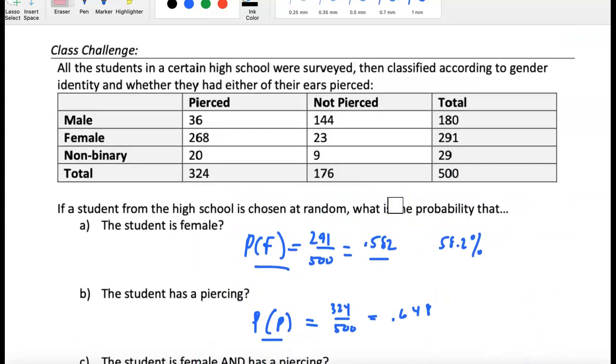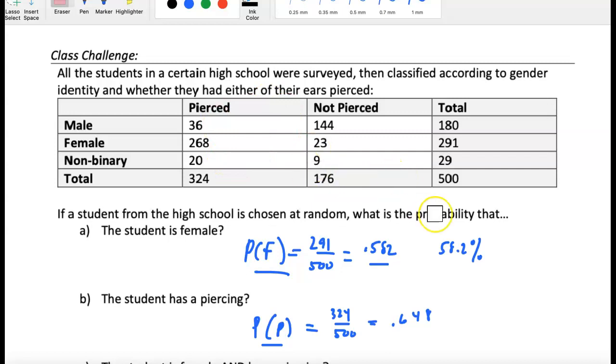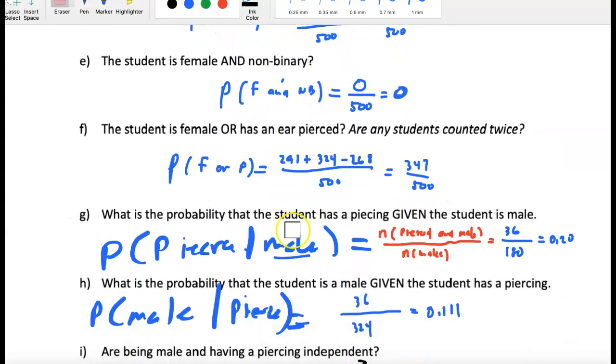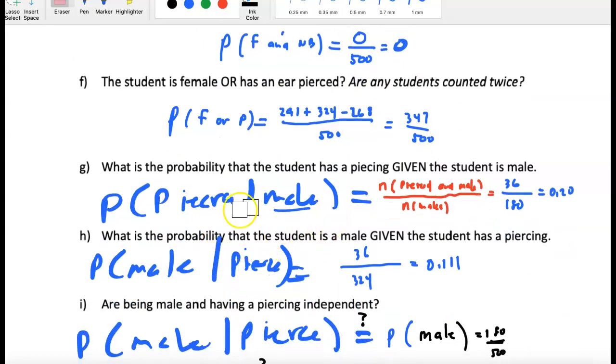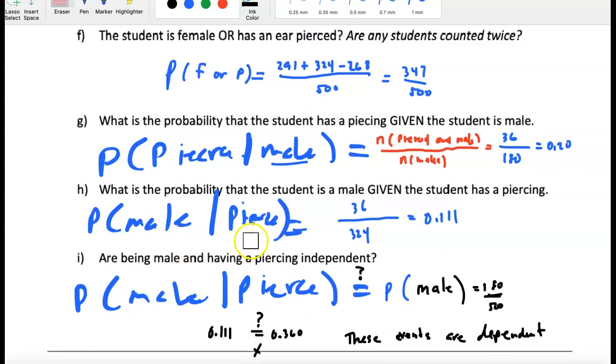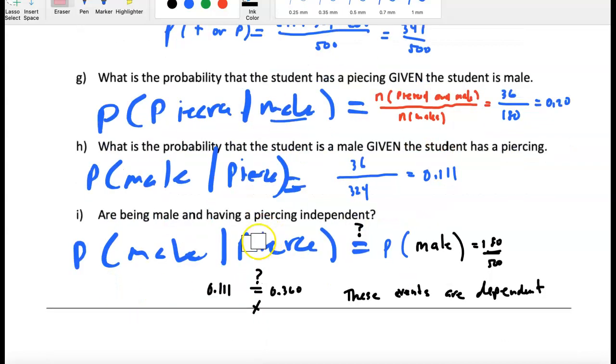I'm just counting all the different possible outcomes based off of what events we're looking for. Probability of being pierced given you're male, probability of male given that you were pierced, or are male and being pierced independent? So you're then going to calculate these things and check. Turns out they are dependent, being male and piercing.